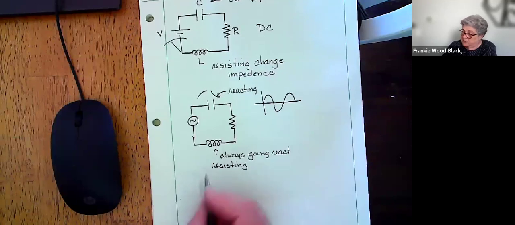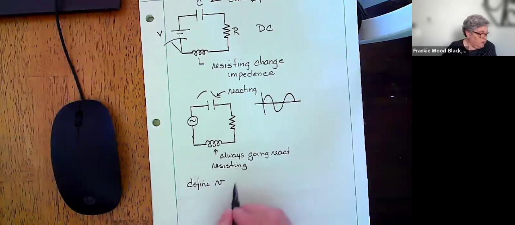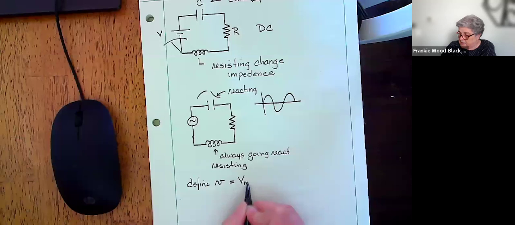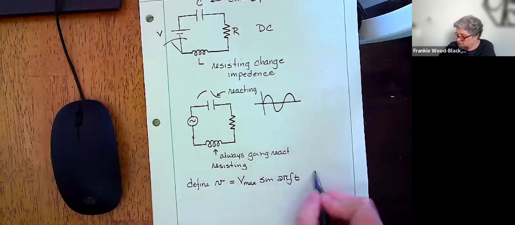So what we're going to do is we're going to define our voltage. We're going to use a script V for our voltage as our voltage max sine 2 pi times the frequency times time for an AC circuit.